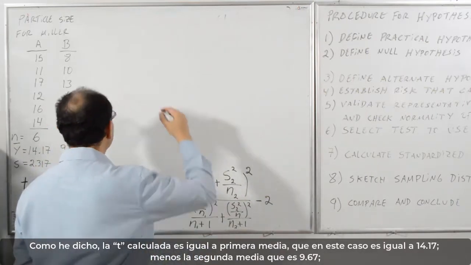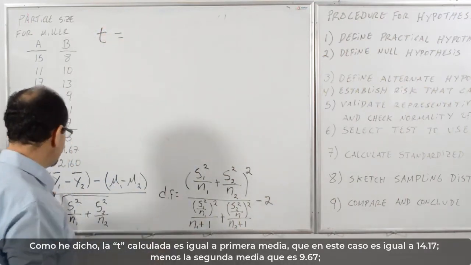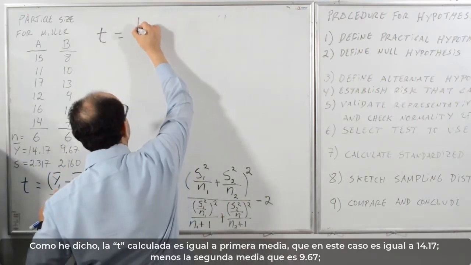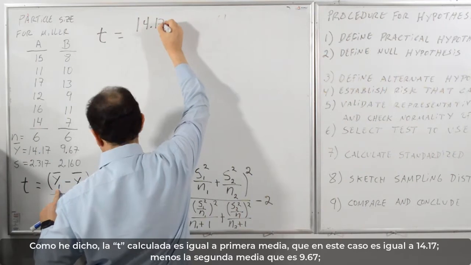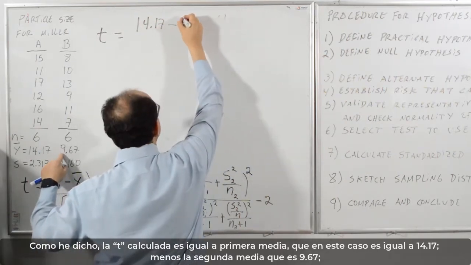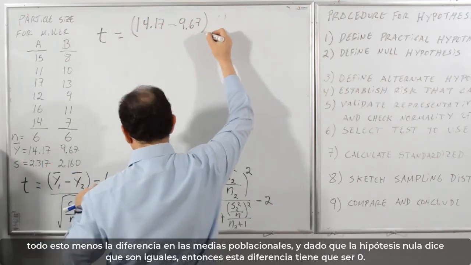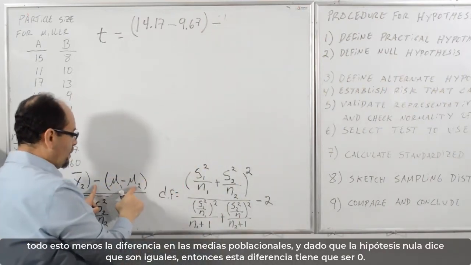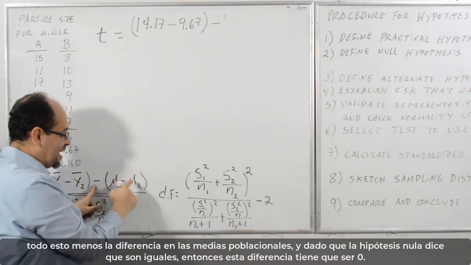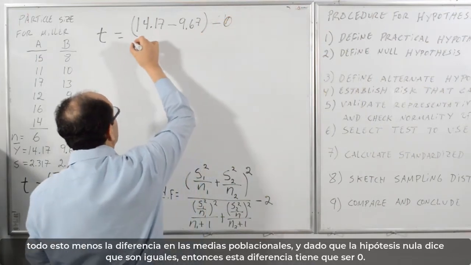As I have said, t standardized, t calculated, is equal to mean 1, which in this case is 14.17, minus mean 2, which is 9.67, all of that minus mean 1 minus mean 2. Since the null hypothesis is that they are the same, this difference must be 0.